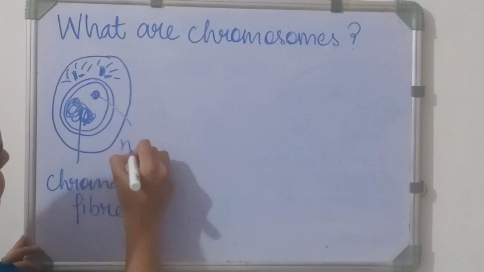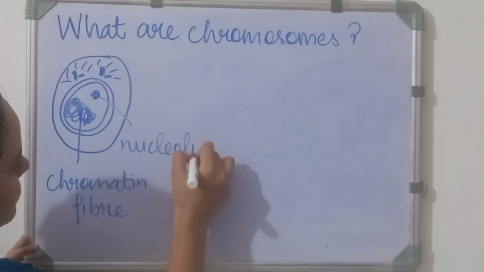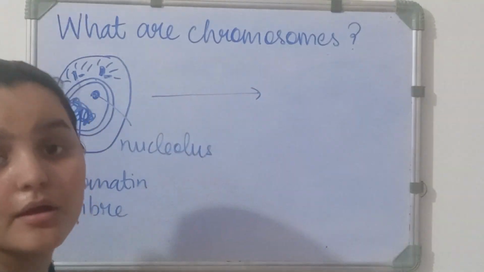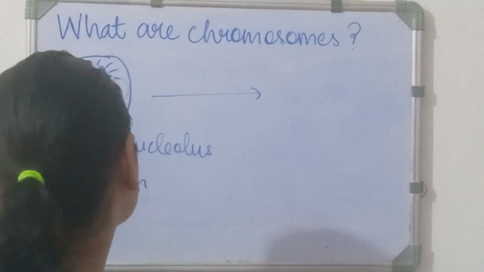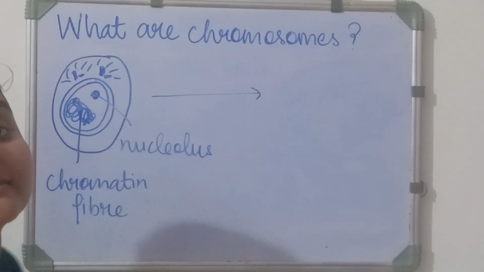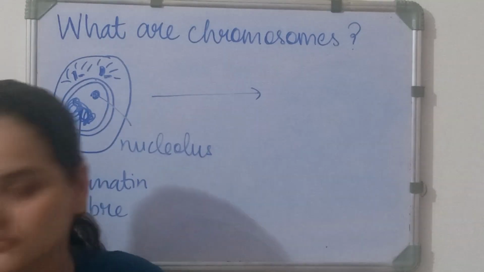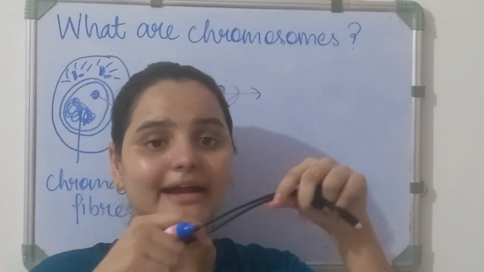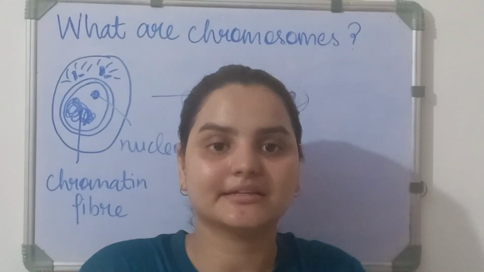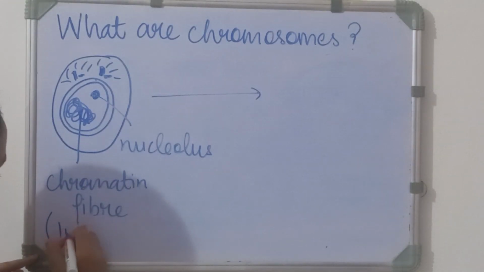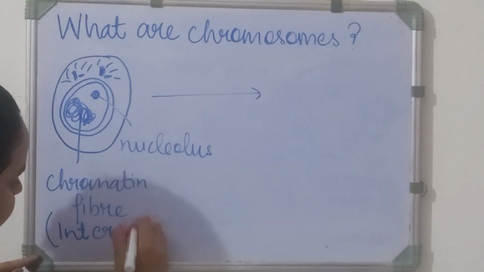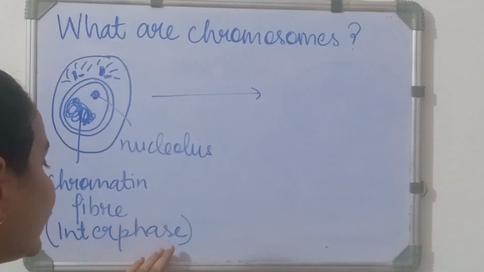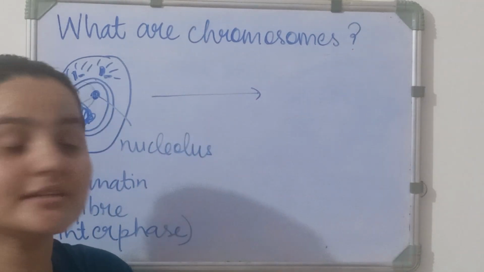This is the nucleolus. So what happens when the cell is dividing? These chromatin fibers condense. Suppose this is our chromatin. This is the interphase or resting stage.